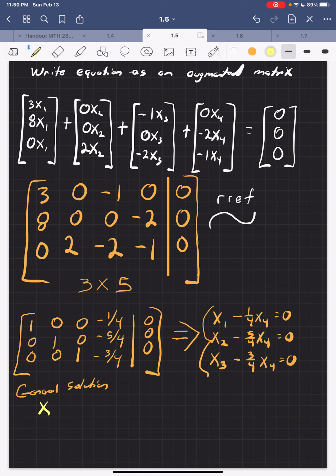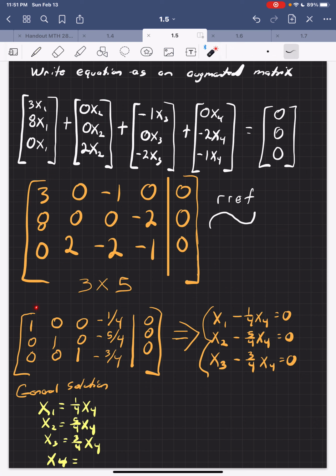Once I solve for my basic variables, I have x sub 1 is equal to 1/4 x sub 4. X sub 2 is equal to 5/4 x sub 4. X sub 3 is equal to 3/4 x sub 4. But do you recall what we say about x sub 4?